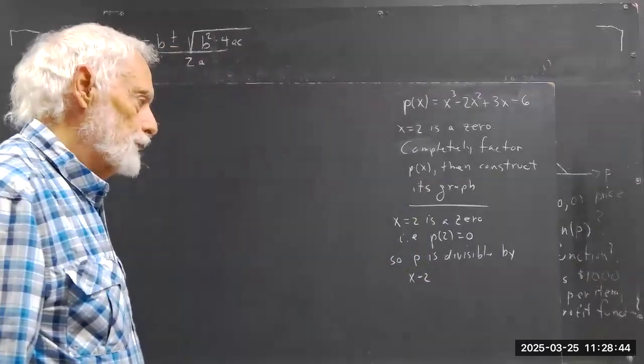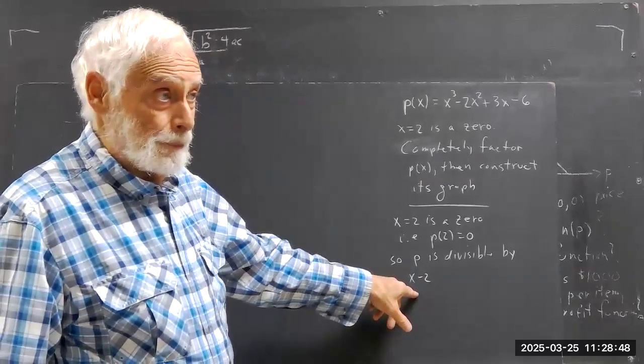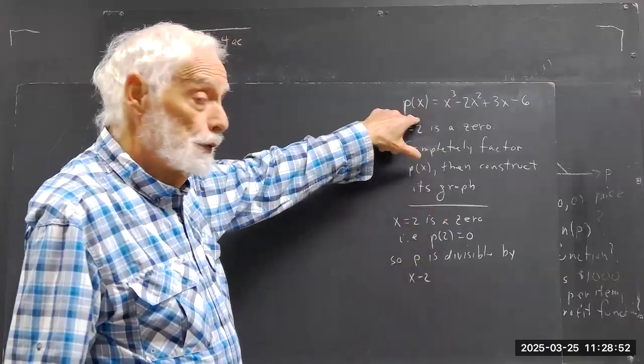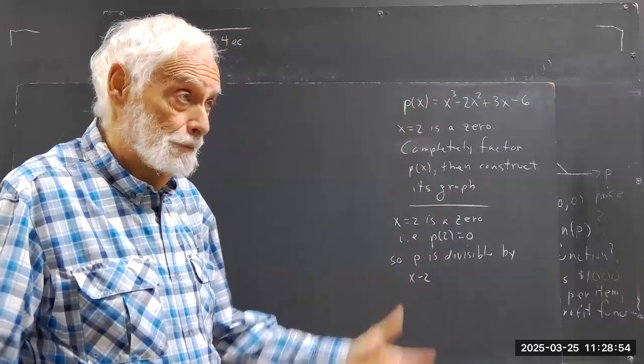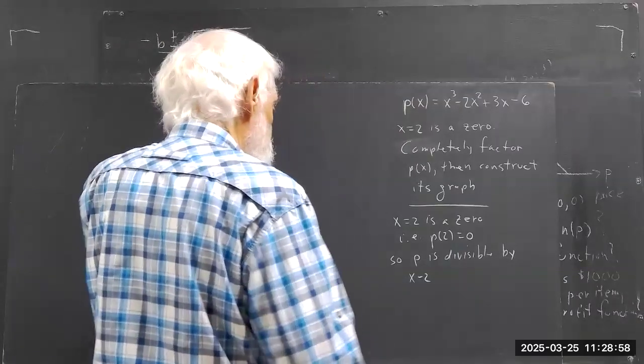So P is divisible by x minus 2. Means x minus 2 is going to be a factor. X minus 2 is a factor. That's why x equals 2 is a 0. Okay. So we have to do the long division.